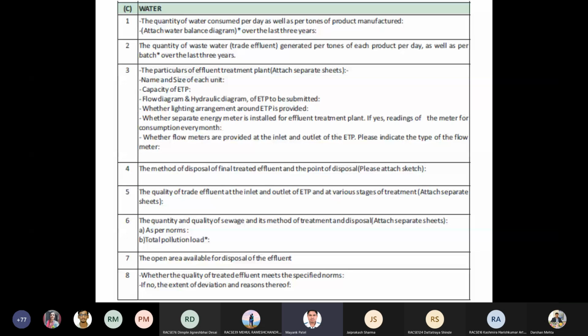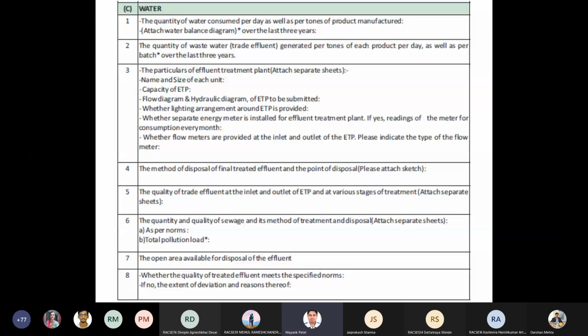You need to cross-check this quantity and how much water is lost. All these things you need to show, and there should be a balance, based on the water consumption that you mention in your report while you are producing any product. So all these things have to be in line with the sections mentioned here.